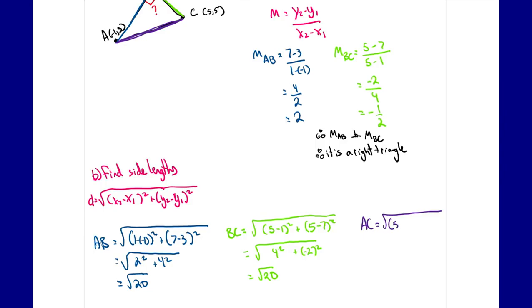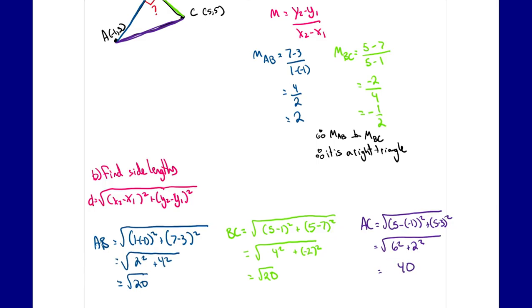So we have 5 minus negative 1 squared plus 5 minus 3 squared. We get 6 squared plus 2 squared. 36 plus 4, we get the square root of 40.